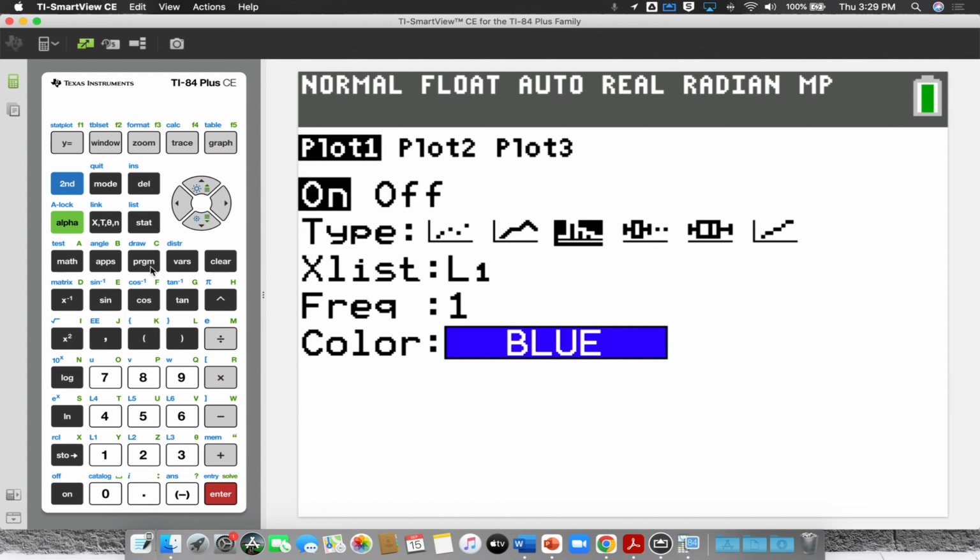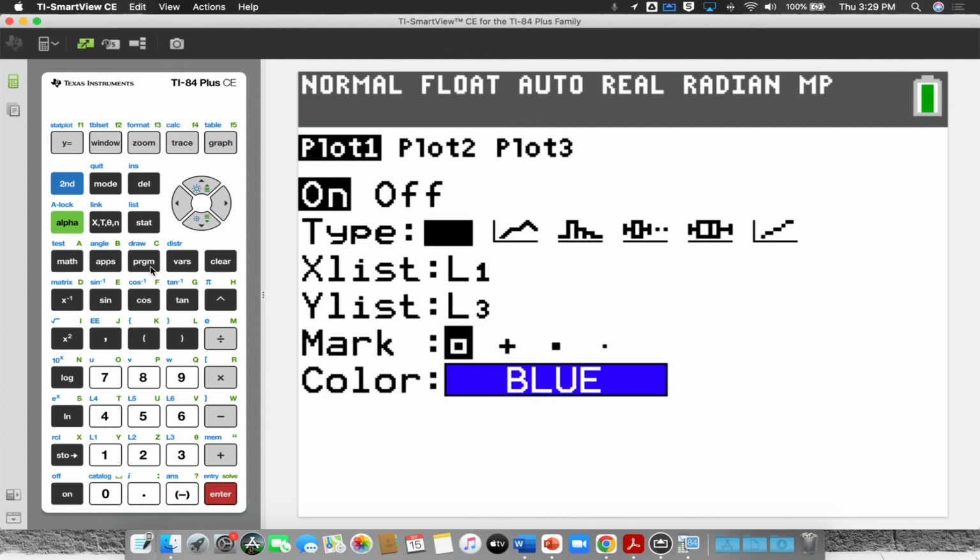We've used almost all of them, actually the middle three. So the one we're going to use today is the first one, the dots. That's the scatter plot. We've got to tell it where's my X list, where's my explanatory? That's in list 1. Where's your response? Mine is in list 2. So I'm going to hit second 2 because that's list 2.